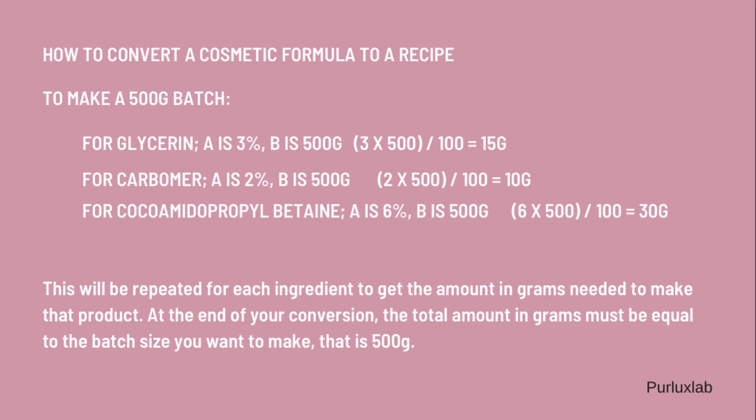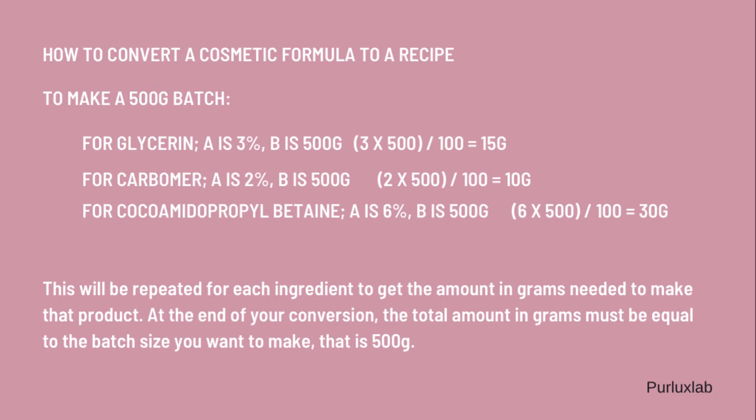The next one is cocamidopropyl betaine, which is 6%. That is the value of our A, and B is 500 gram. 6 multiplied by 500, the value you get divided by 100 will give you the amount in grams of cocamidopropyl betaine you need for this particular formula.